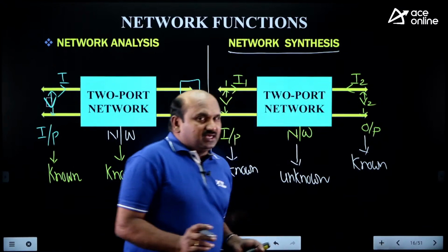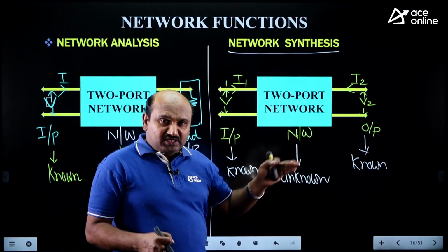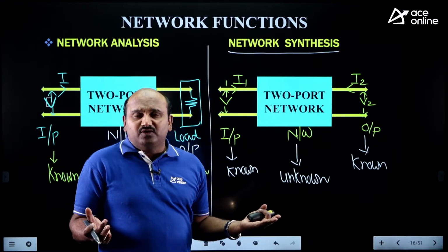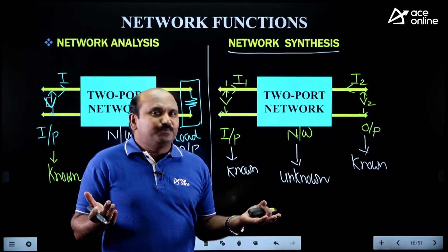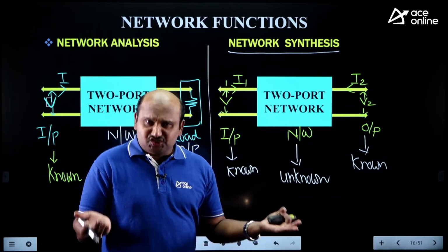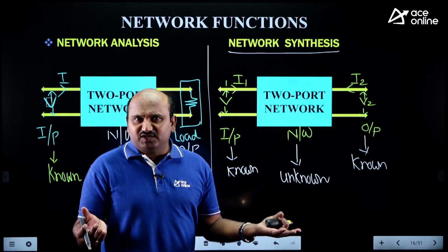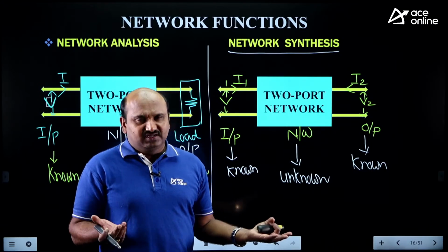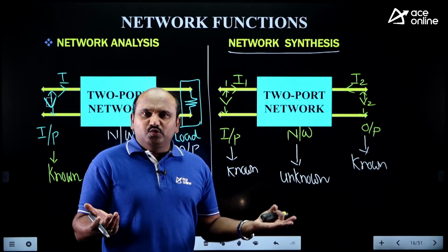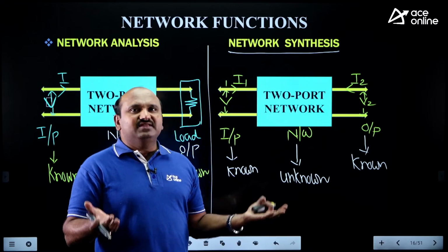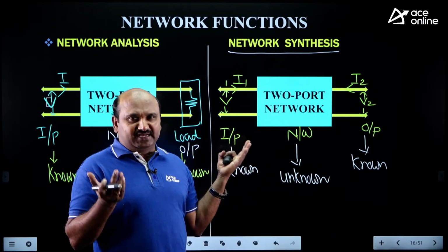Synthesis means we know input and output. How you know that input and output? Usually he will provide the network function. It may be either transfer function or driving point function. Usually one port network, we have only the driving point impedance or admittance functions.